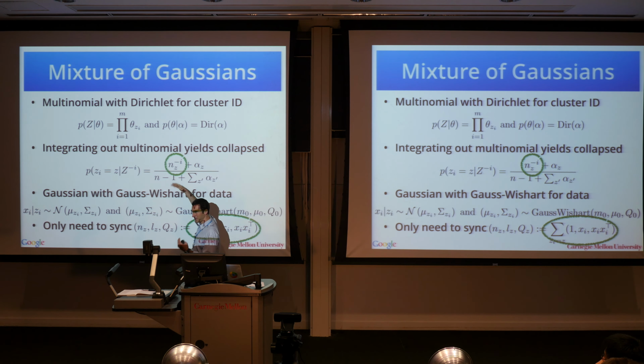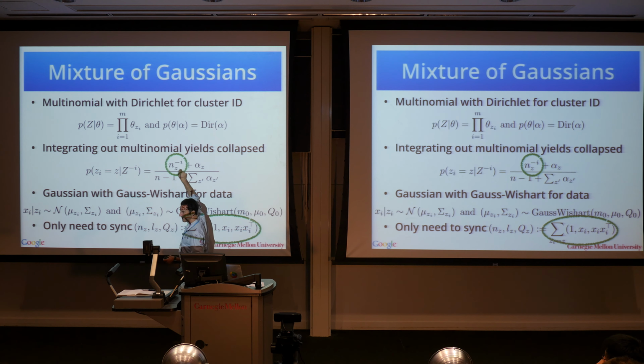There are much more sophisticated ways of doing this, and this leads to what's called Bayesian nonparametrics, but we're not going to go into much detail here. So there's something called the Pitman-Yor process, the Chinese restaurant process. There's a lot of fancier tools that you could use, but we'll use something very primitive. But the interesting thing that you can see here is that if I have several machines, the only thing that I really care about is just how many times cluster Z has been picked in total.